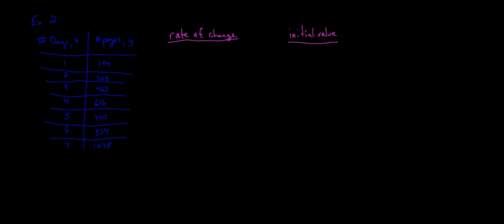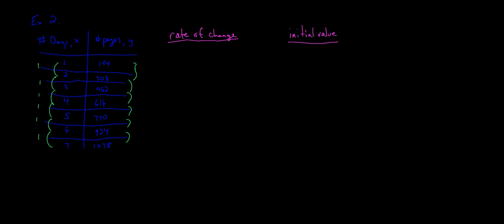So when we have a table like this, to find the rate of change, there are a couple methods, but what we typically do is we're told that it's linear, so each one of these should be the same. From here to here, here to here, because each one of the changes in days is just 1. So since every one of the changes in X is the same, every one of the changes in Y should be the same.